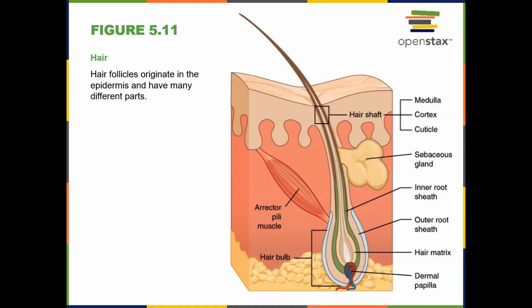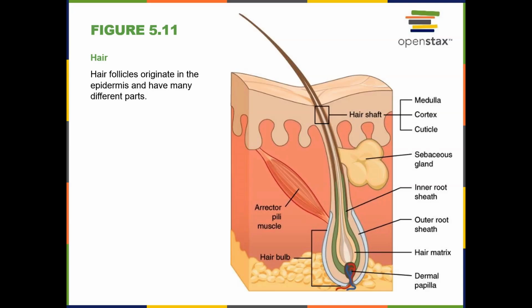In the hair follicle, basal cells divide and differentiate, and as they mature, they migrate out into the hair root, and as the hair root grows, the hair shaft pushes out past the skin and grows.